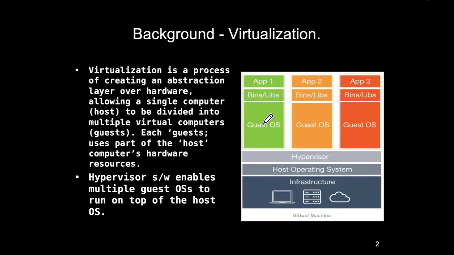And when you've got each of these VMs, virtual machines, they're all consuming hardware resources: CPU, RAM, memory. So each of them is quite hungry in terms of hardware resource needs.